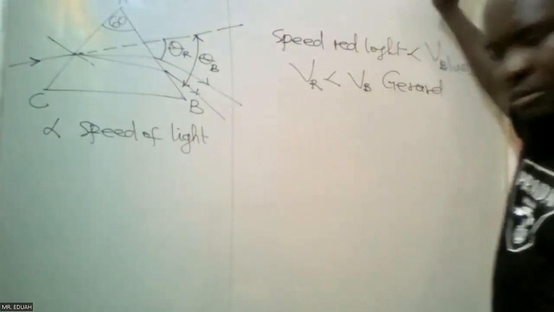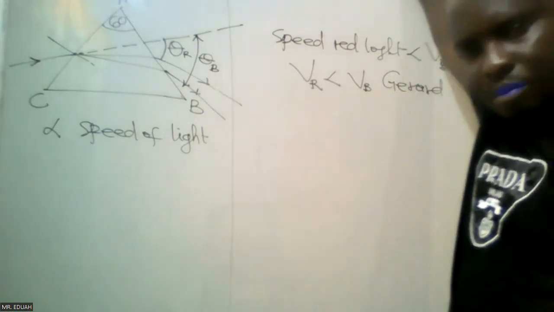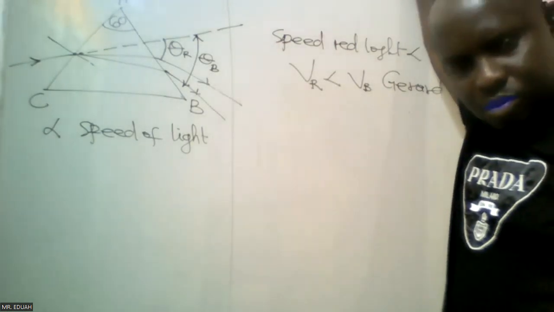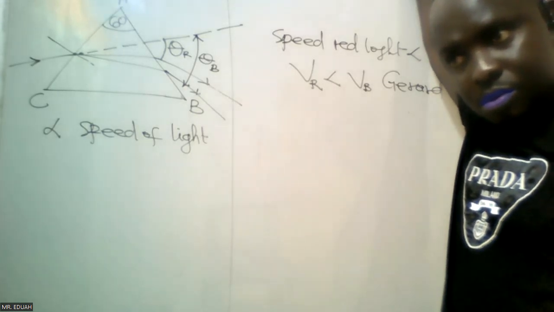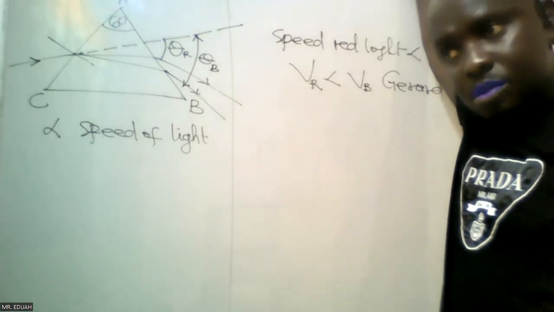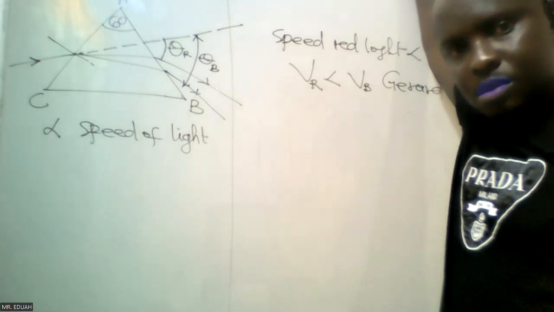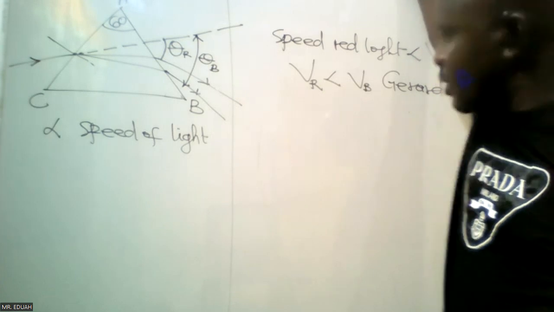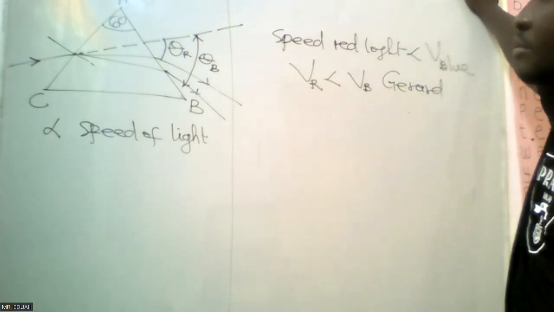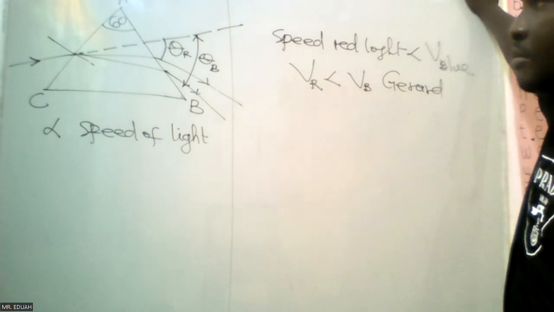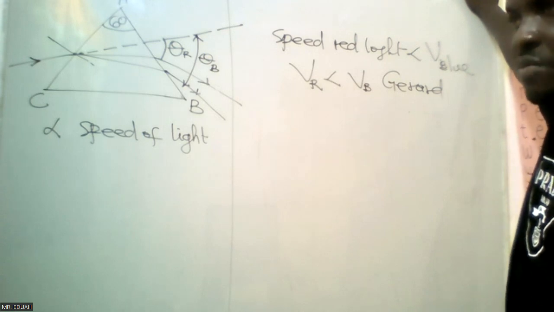This is because for refractive index, the more you are able to bend towards the normal, the higher your refractive index. So if we consider the equation, refractive index is equal to the speed of light in air to the speed of light in water, in glass, or whatever.